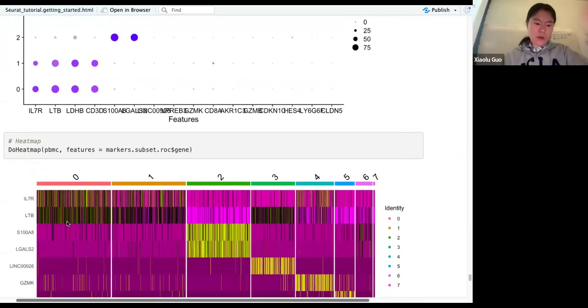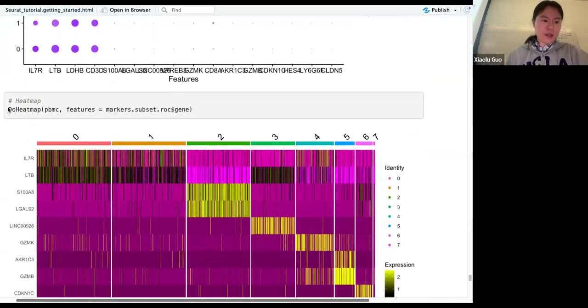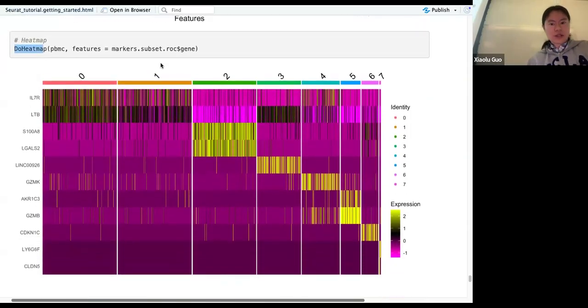And so that's one plot. Another way we can visualize this is using a heat map. It's just this function, you run it, and then you will see this. Here, still cluster 0 to cluster 7, each column is a cell, and each row is a gene that we identified as a marker gene.